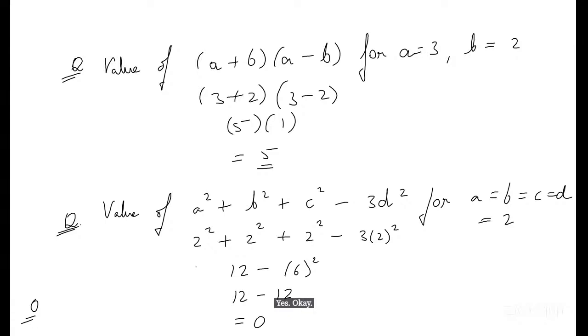Okay. Ma'am, you did a wrong method. For 3d square, you wrote 3 into 2 square. It has to be 3 into 2 square because 3 into 4, not 6 square. 6 square is 36.